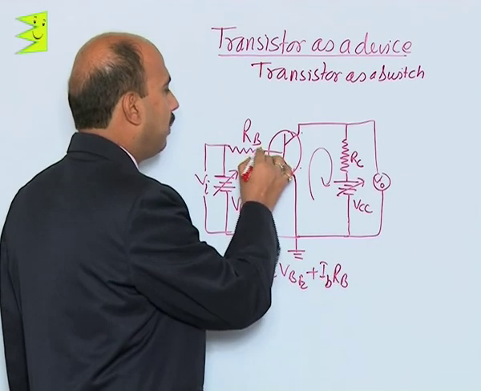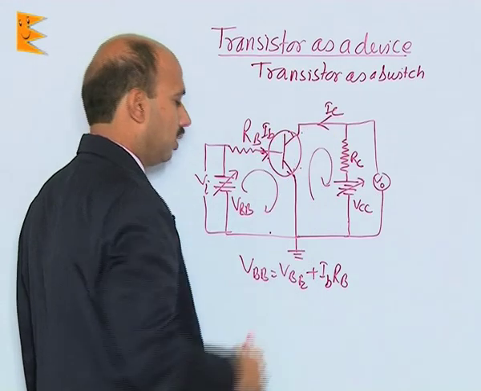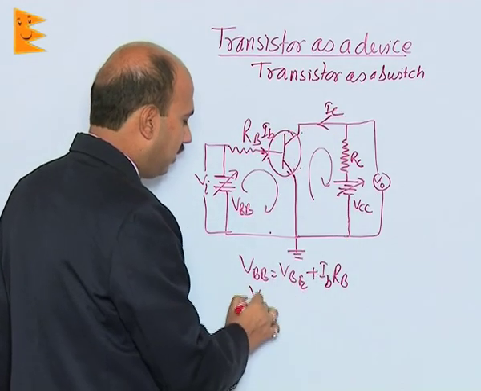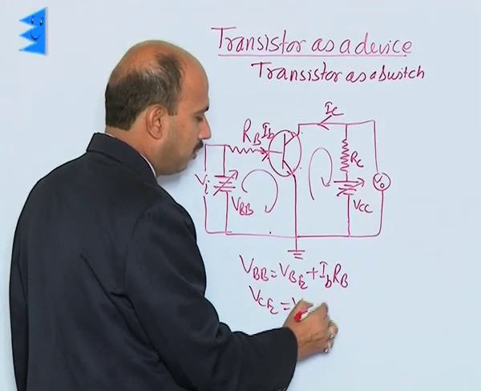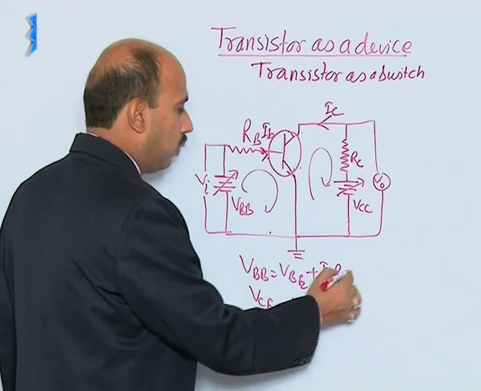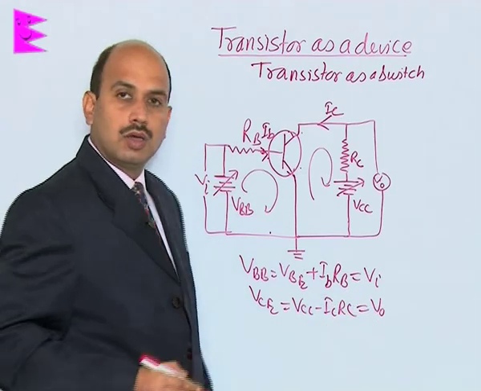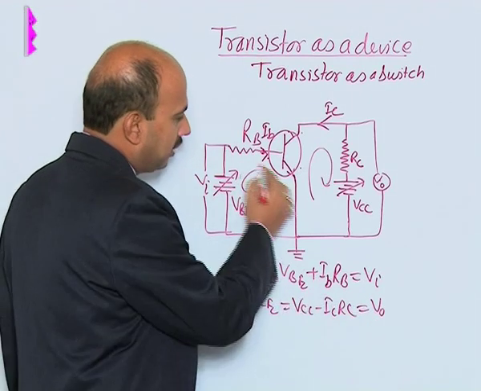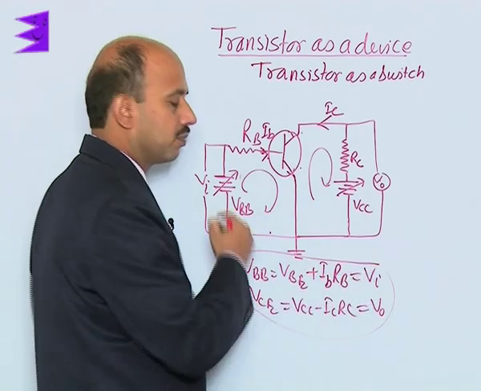IB is the base current going to this side, and IC is the collector current. And we get VCE, the collector-emitter voltage, equal to VCC minus IC RC. So this can be written equal to VI and this can be written equal to VO. According to Kirchhoff's law in this loop and this loop, we have got these two equations.